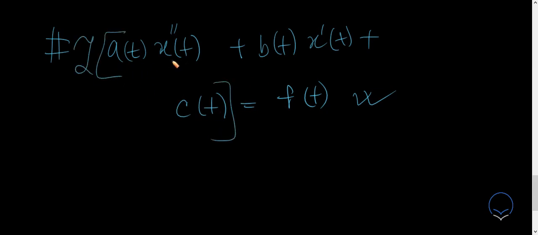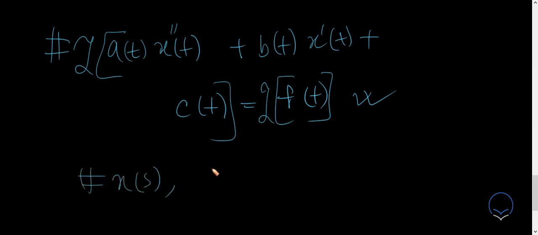It's a linear operator, so it will go through these brackets and all these plus signs, and you find an expression for X of s, if it's possible, that means if it's integrable. Alright, and after that you need to solve for this X of s. When you are done finding X of s, all you need to do is invert the X of s.